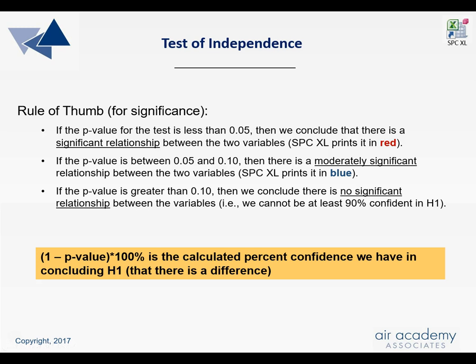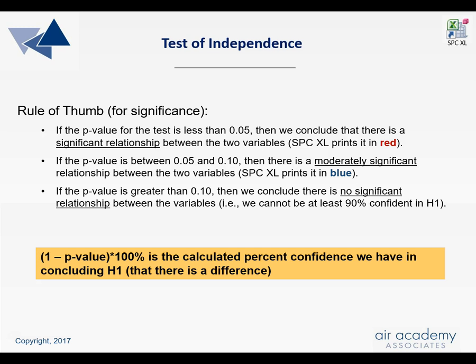Of course, we want to remember that the test of independence, like all of the hypothesis tests, is going to generate a p-value. Recall the rule of thumb for significance. If the p-value is less than 0.05, then we conclude there is a significant relationship between the two variables, and SPC Excel will print this p-value out in red.